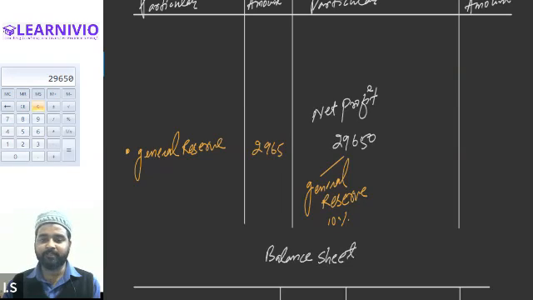So from 29,650, we will reduce 2,965. And whatever amount we get will finally be the net profit that we will be writing in the profit and loss account. Net profit, 26,685. Everybody tell me, are all of you clear about this, or do you want me to explain it again? Tell me, Alexander, Hamad.